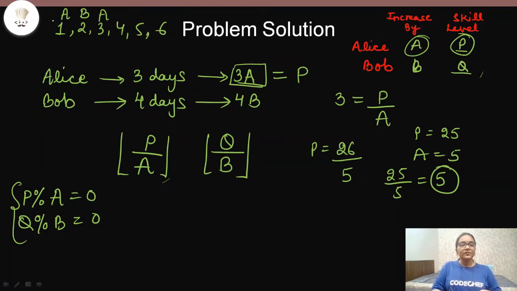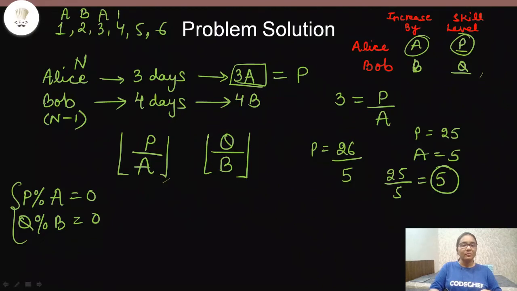So then the solution can exist. You can think of it as Alice works for n days and Bob works for n minus 1 days. In that case, the solution can exist.